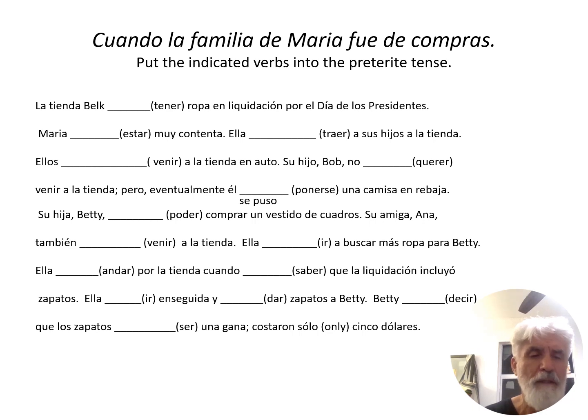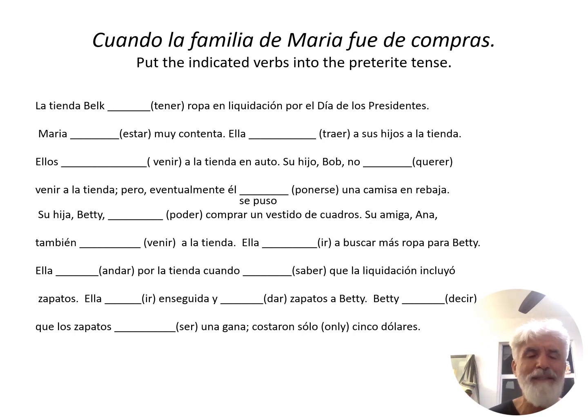So the first line says, La tienda Belk tener ropa en liquidación. So we want to say that Belk's, or the store Belk, and we want to put the verb tener in the preterite tense, okay? So that we want to say that Belk's had ropa en liquidación. It had clothing on sale, or in liquidation.